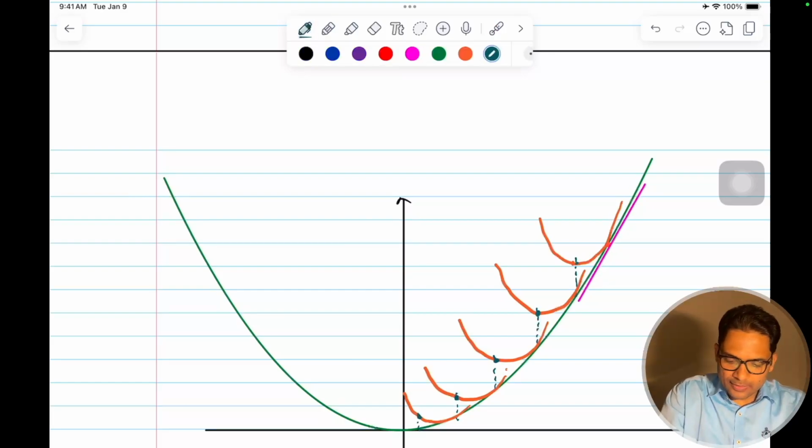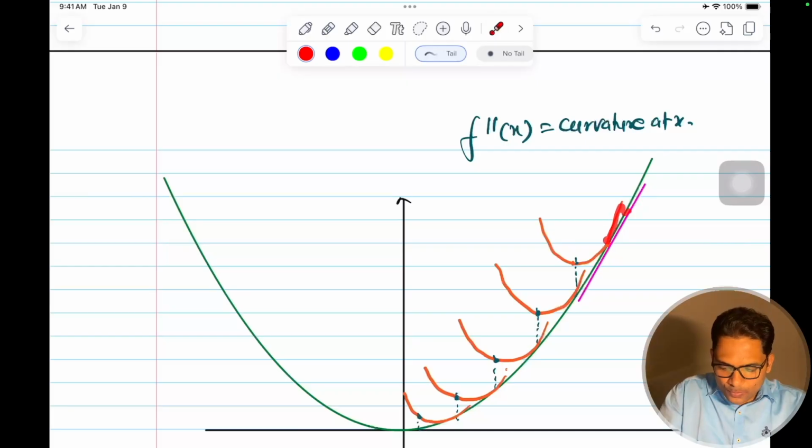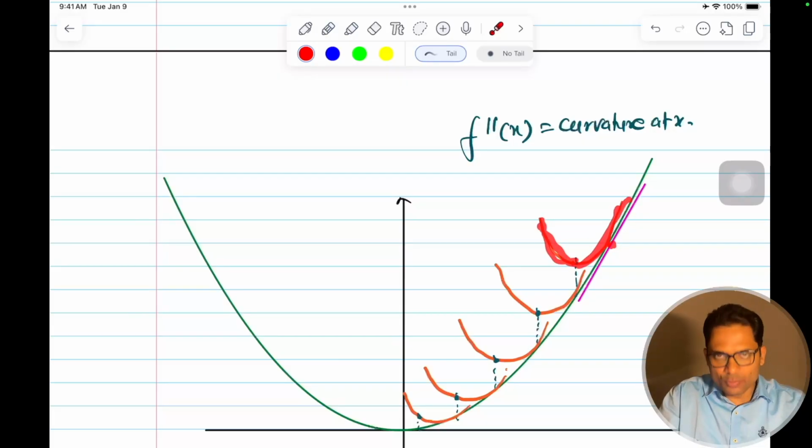The second derivative f double dash x gives the curvature at any point x, meaning how the function is curving there. I will use that information and draw a parabola at that point, and I'll go to the minimum of that parabola.